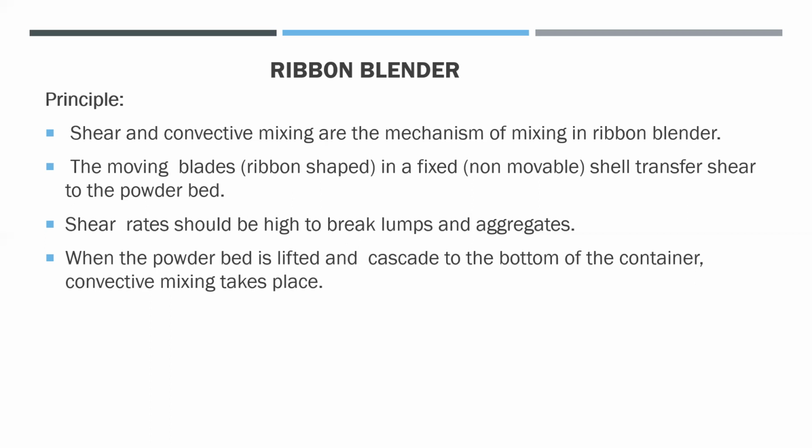First the shear force acts on the powder bed, which breaks the lumps and aggregates. Then the powder is lifted, and due to cascade motion it falls down on the bottom of the container and causes convective mixing. So this is the principle of the ribbon blender.